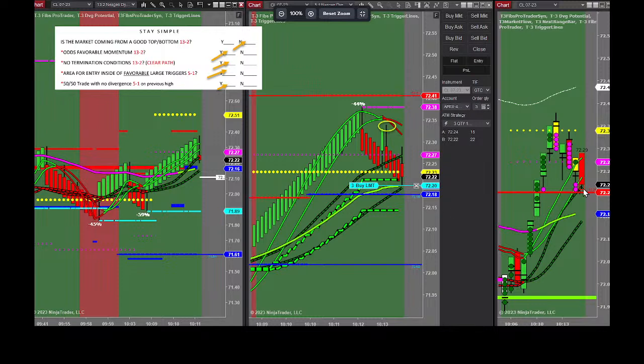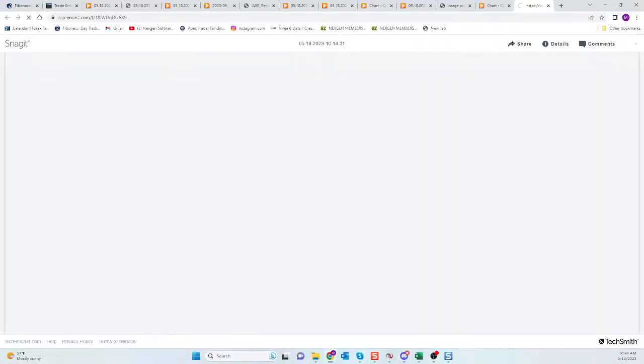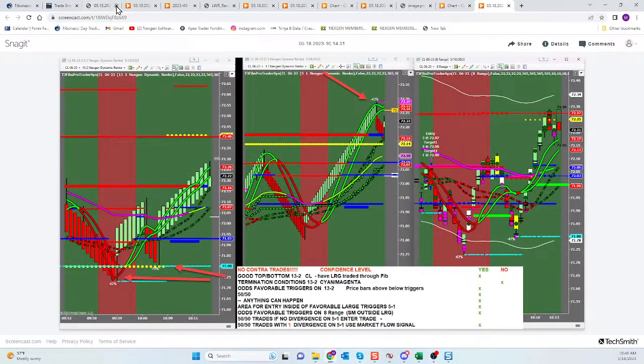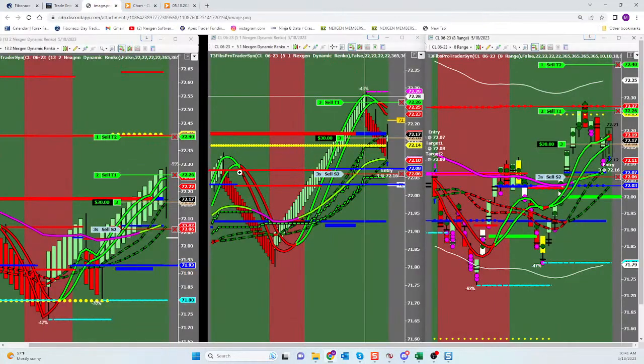And then if you waited for the market flow signal, even that one. And guys, there's going to be times where it's not 100% clear, where you've got to ask yourself, is it met? Is it not met? Are we good? Are we not good? And there's going to be little nuances here and there that you see.